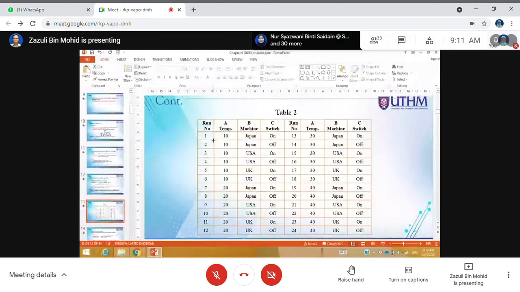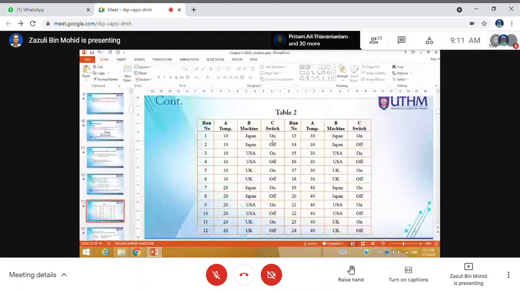The total combinations of parameters here in table 2 is 24. But when we want to increase the accuracy of the data, maybe we can conduct the experiment on each combination 3 times.